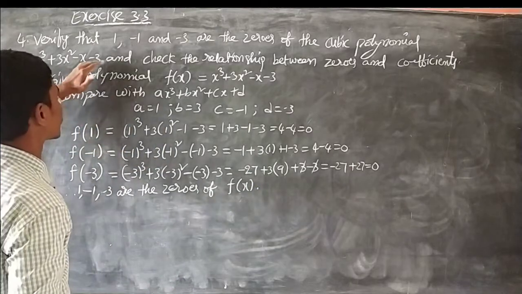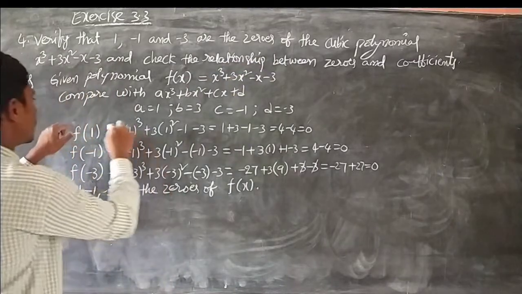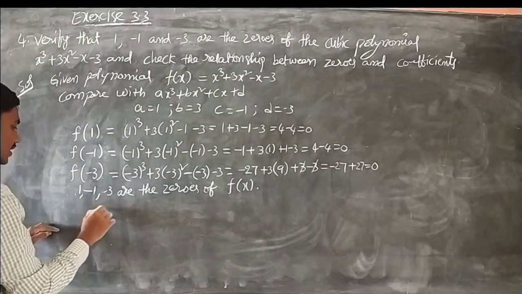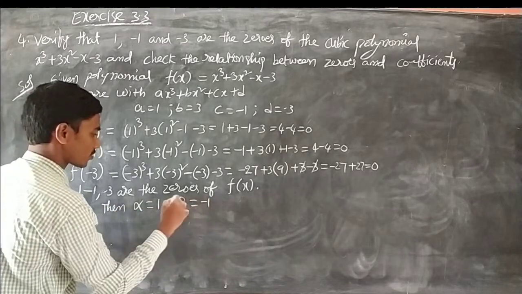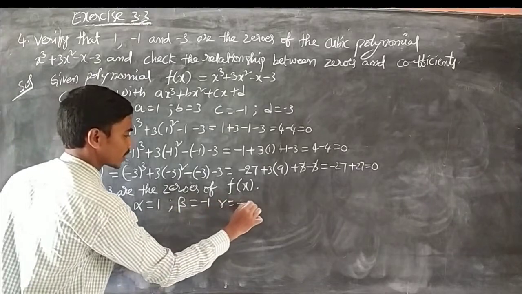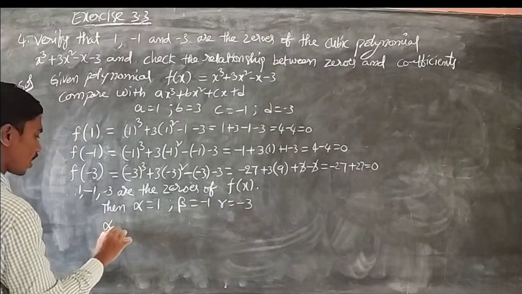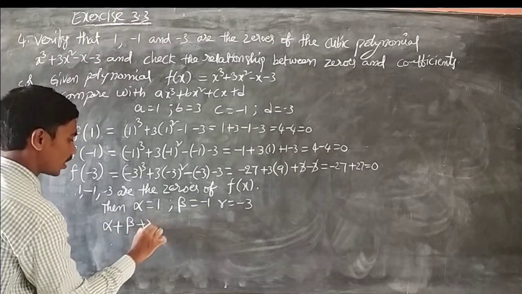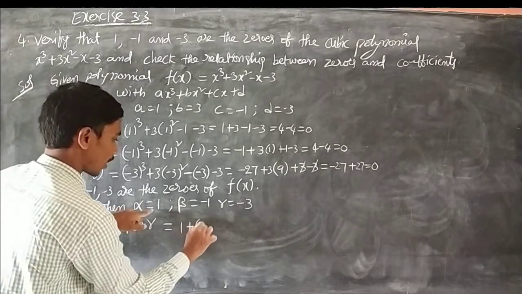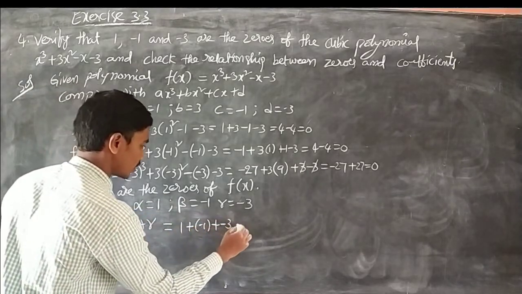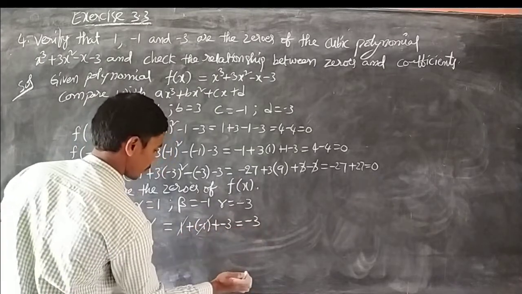Next, we need to check the relationship between zeros and the coefficients. Here, these are the zeros: alpha is equal to 1, beta is equal to minus 1, gamma is equal to minus 3. We know a relation, the sum of the zeros alpha plus beta plus gamma is equal to 1 plus minus 1 plus minus 3, that is 1 minus 1 cancels, minus 3.